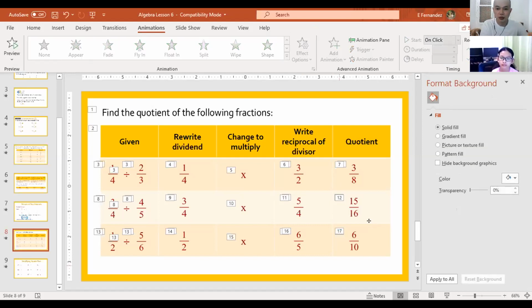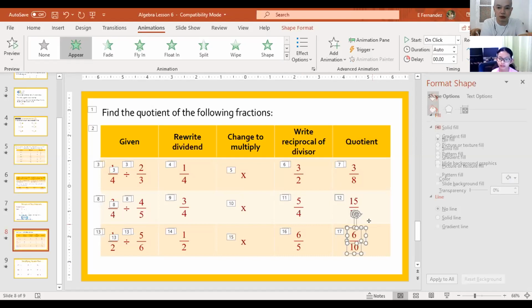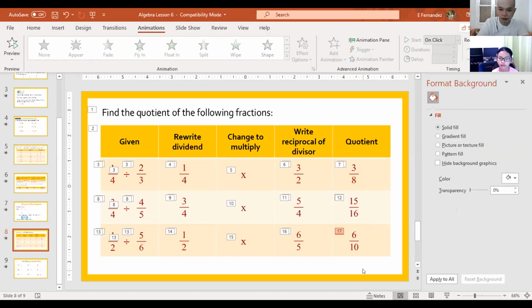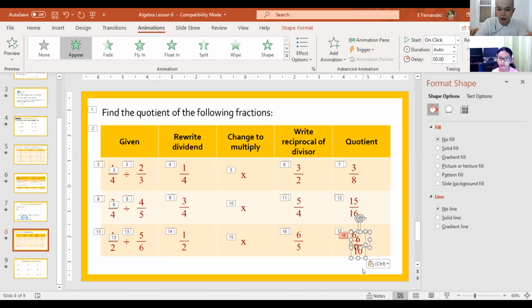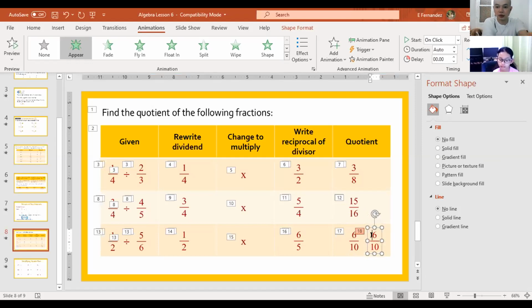So this one is divisible by 2, then you will have, okay, let me do that for you. Six divided by 2, that is 3.